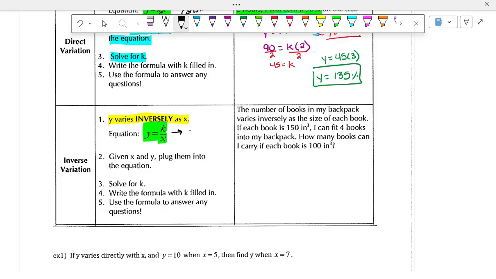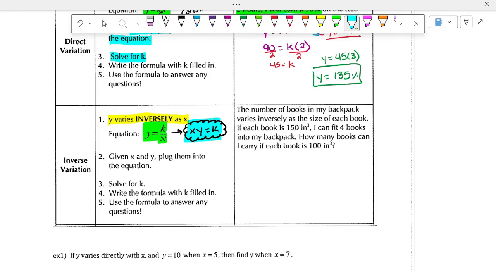So to kind of help alleviate that, if you actually solve for k within this equation, it comes out to xy is equal to k. I typically use this formula more than anything. So you just multiply the two variables together, that'll give you your k value. So formula-wise, this is the one I'd use.